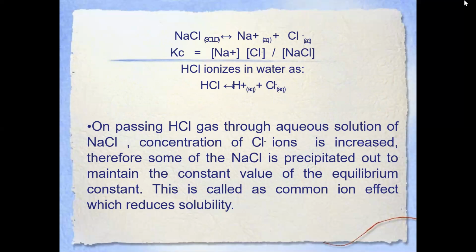After addition of hydrochloric acid, it ionizes into H ion plus Cl ion. On passing HCl gas into the aqueous solution of sodium chloride, the concentration of chloride ion is increased. Therefore, some of the sodium chloride is precipitated out to maintain the constant value of the equilibrium constant. This is called the common ion effect, which reduces the solubility.